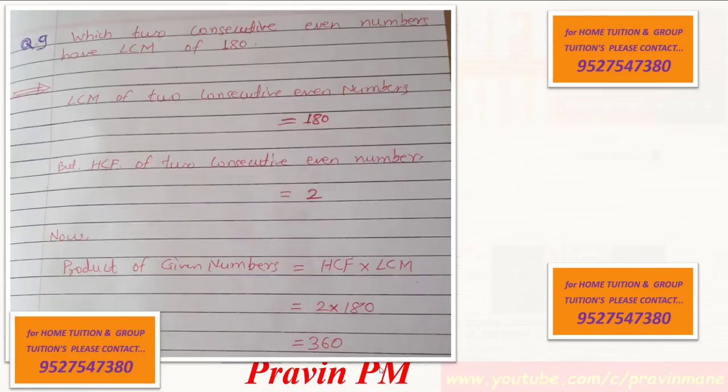Now question number 9. Which two consecutive even numbers have LCM of 180? So the LCM of two consecutive even numbers is 180. This is given. But we know the HCF of two consecutive even numbers will be 2.